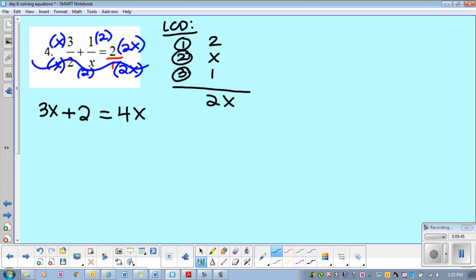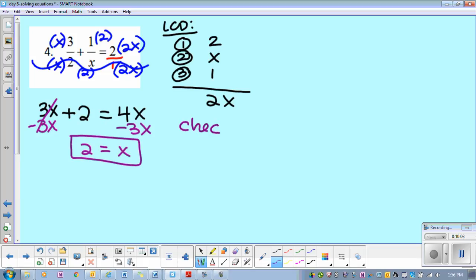So, let's solve this. What should I do? Yup, move that 3x. You got to subtract it over. Then you have 2 equals x. 2x is what I need to plug it into.